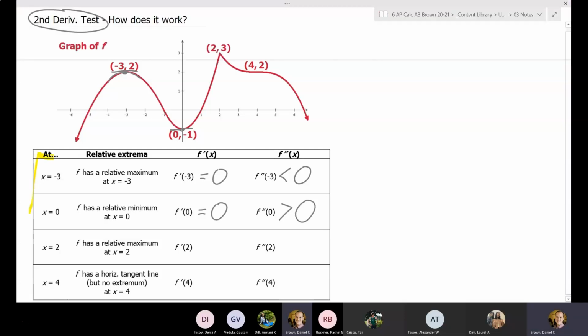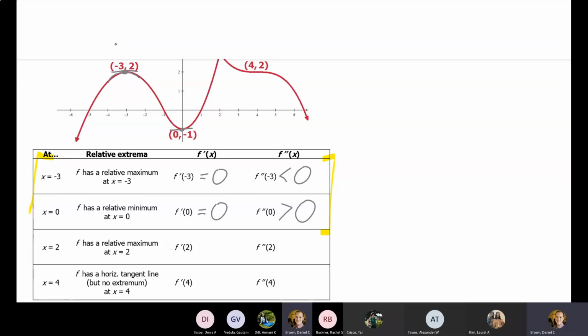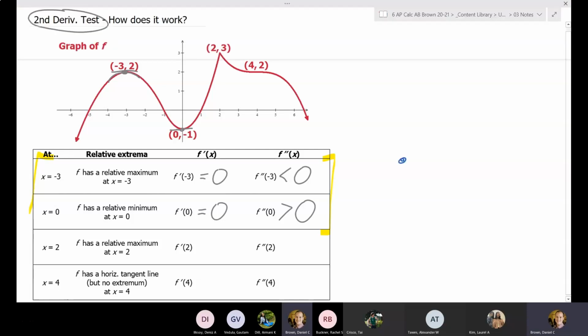Those are the ones I'm going to focus on for the second part of these notes. The idea behind it is, if you know you have a point with a horizontal tangent, and you also know the concavity of the graph, then you know whether that horizontal tangent is the location of a minimum or a maximum.